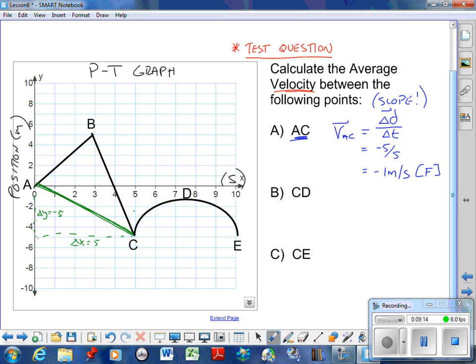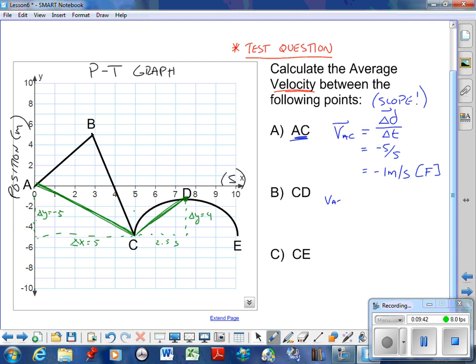How do you calculate the average velocity from C to D? Well, I'm going to say D is right there. Same thing. Draw a line in. Determine delta y and delta x. It looks like delta y equals 4, and the time is 2.5 seconds.